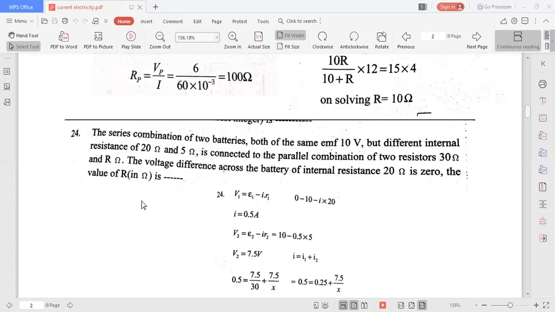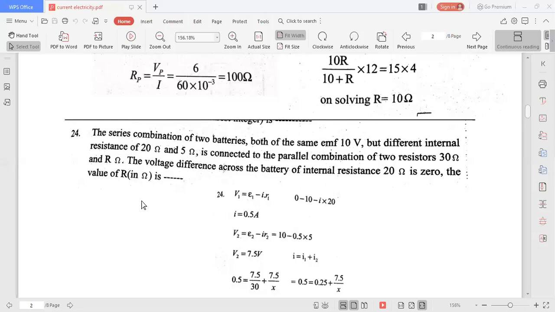The series combination of two batteries, both of the same EMF 10 volt, but different internal resistances 20 ohm and 5 ohm. So there are two cells having the same EMF. E1 is equal to 10 volt, E2 is also equal to 10 volt. But internal resistance R1 is equal to 20 ohm and R2 is equal to 5 ohm.